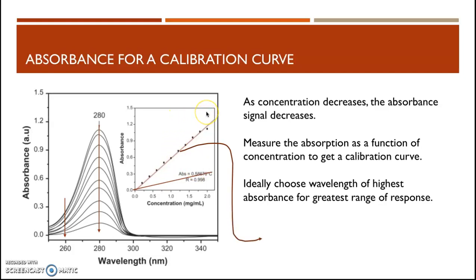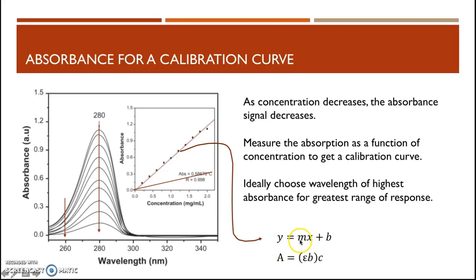From that calibration curve, since it's a linear relationship, we can use LINEST to get our y = mx + b fit out of our calibration curve. And A, the absorption, equals εbc is also a linear relationship. So y on the y-axis is your absorption.